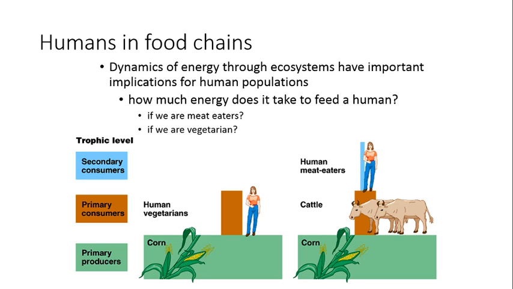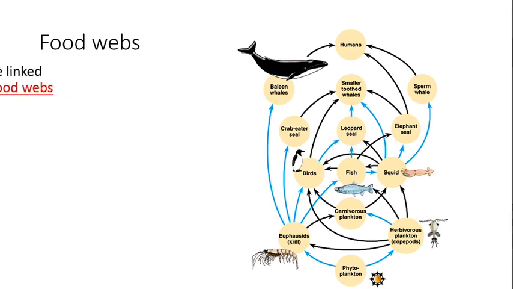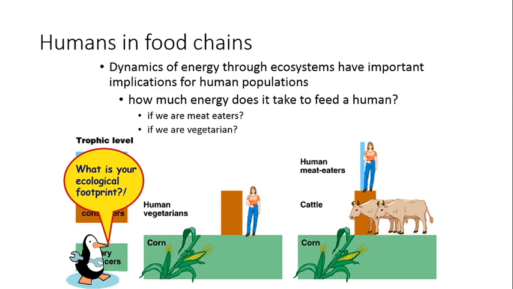The question is, if we are meat eaters, and secondly, if we are vegetarians. And this is called your ecological footprint. You can work on it as a part of your project work, or consider it as a review assignment. What is your ecological footprint?